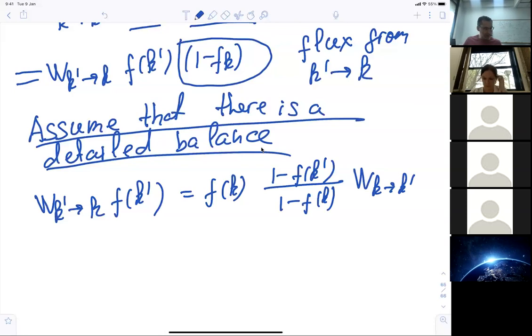And then I look back at my collision integral.